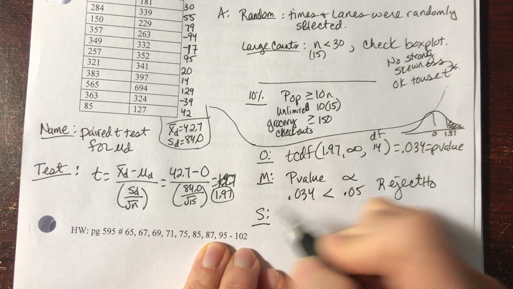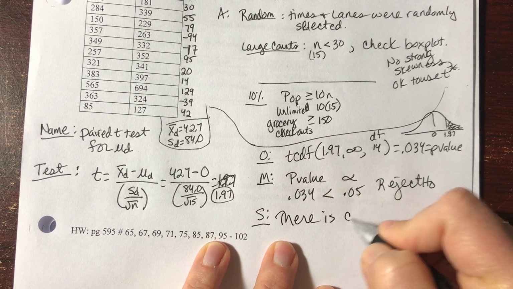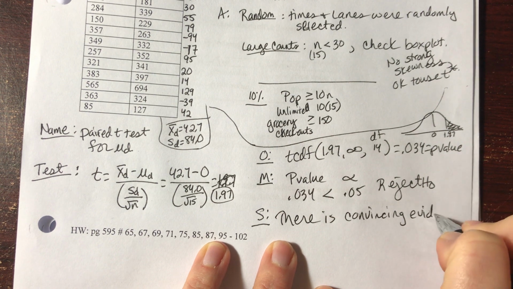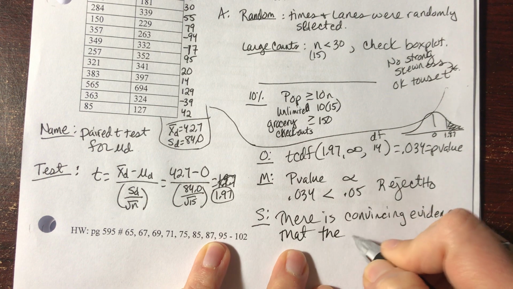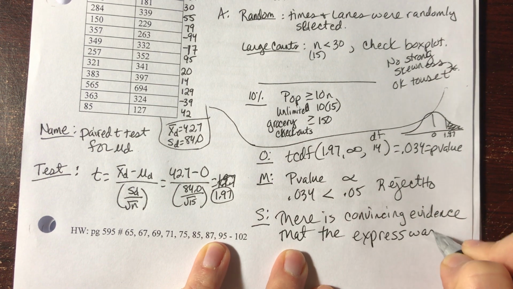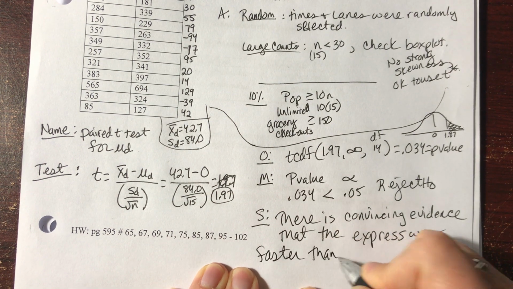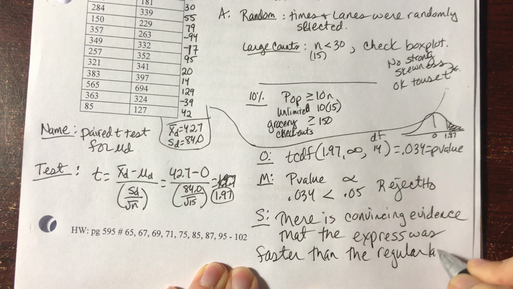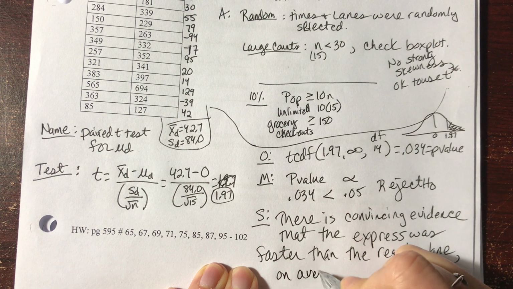So now we conclude there is convincing evidence that the express lane was faster than the regular lane, on average.